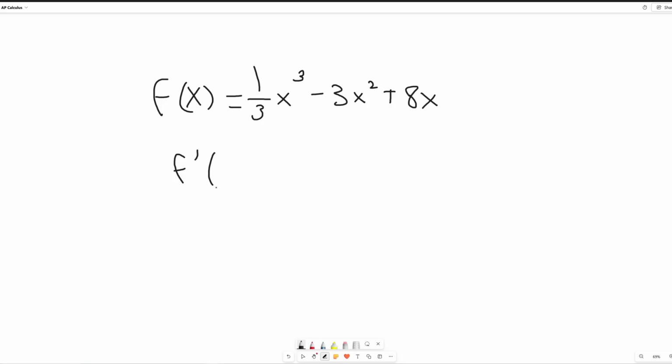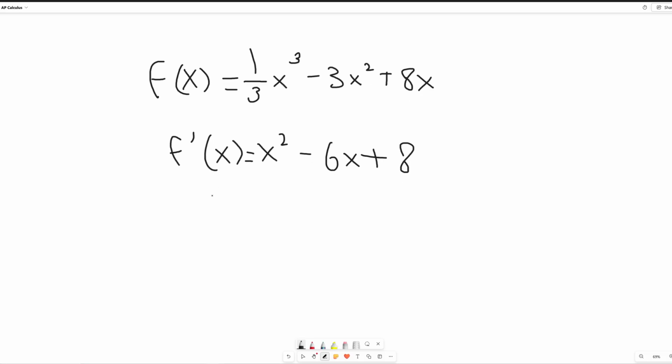So our derivative is going to be x squared minus 6x plus 8. And then we set that equal to 0. These are our critical points.